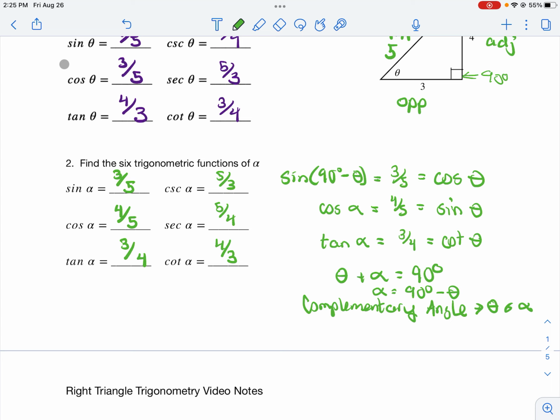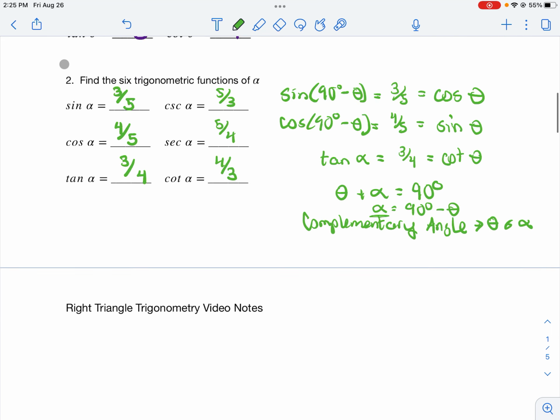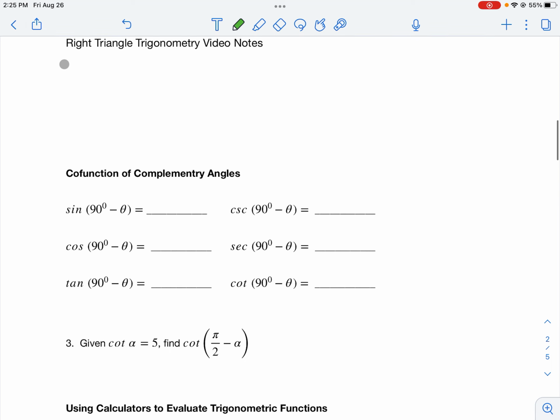So sine of 90 degrees minus theta is equal to cosine of theta. And likewise, I can replace this alpha here because I've solved alpha to equal 90 minus theta. Cosine of 90 minus theta is equal to sine of theta. That right there is called our cofunctions of complementary angles.